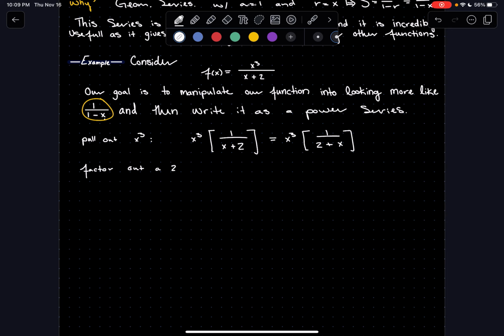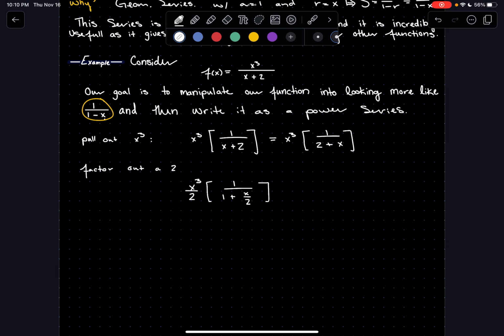So I get x cubed over 2 times 1 over 1 plus x over 2. So I factored out the 2 from the denominator, and I get that.